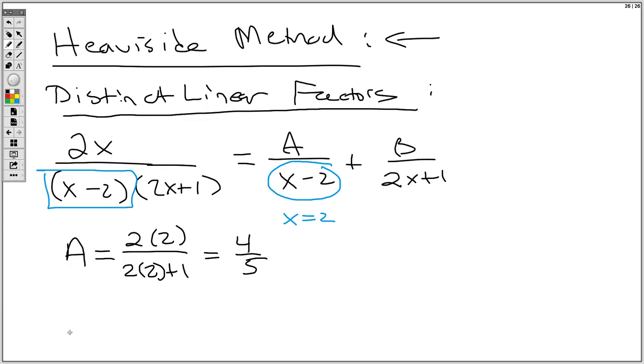And say you wanted to get B. Now you do the same thing with B. You find out what's going to make that 0: negative 1/2. Then you come over here and cover up the 2x plus 1 and plug negative 1/2 into the rest of it.